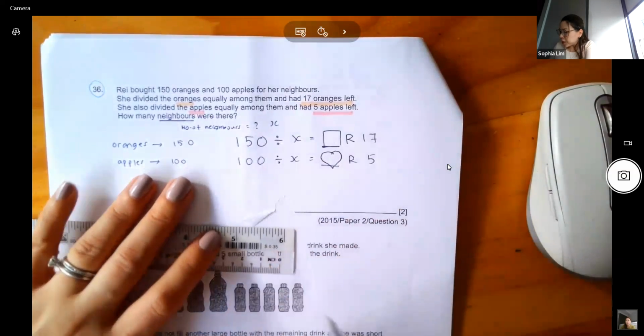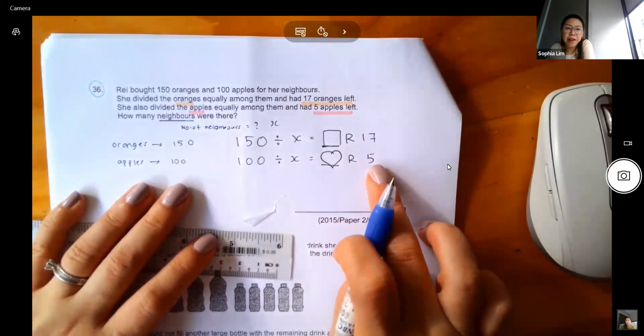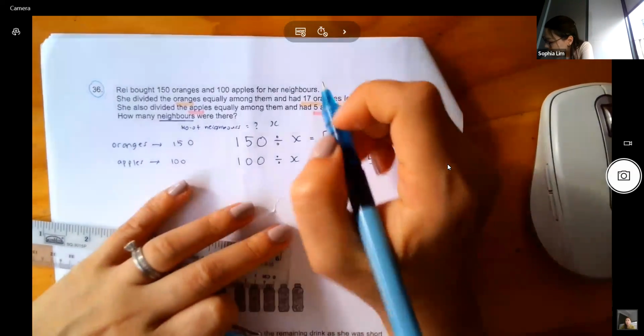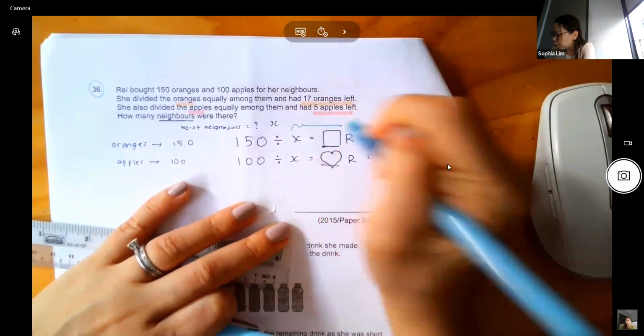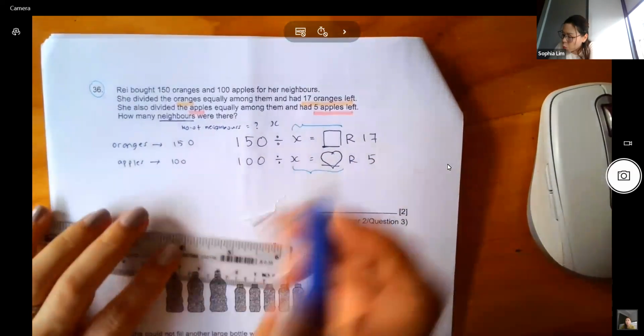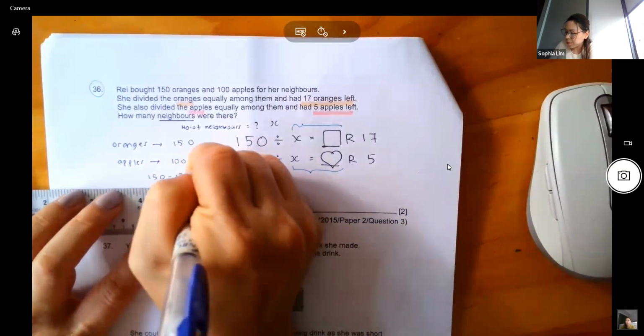So some of you may say, how can I make use of my 17? How can I make use of my 5? So a lot of times, let me change another color. Some of you will say, teacher, I think I will take 150 minus 17 first to give me 133.